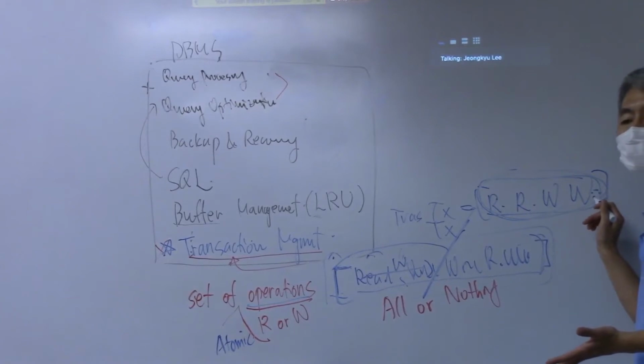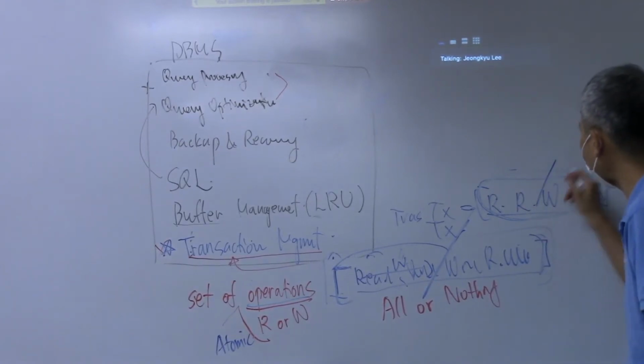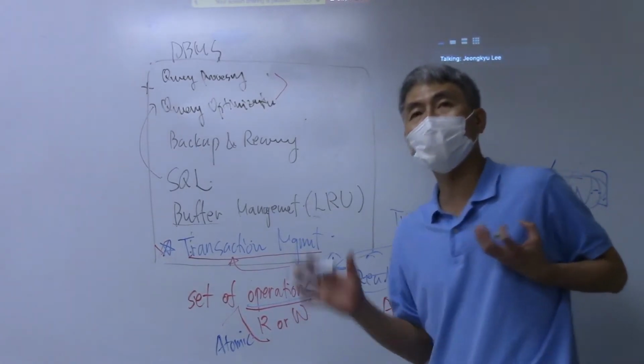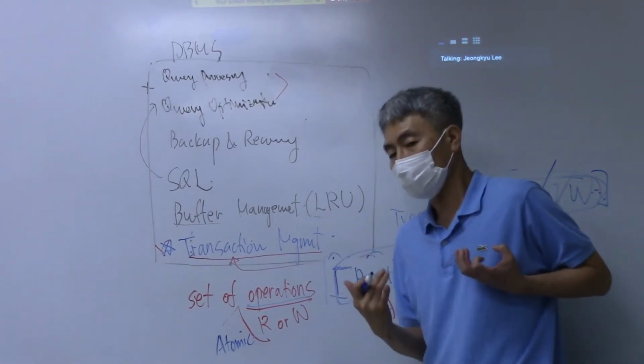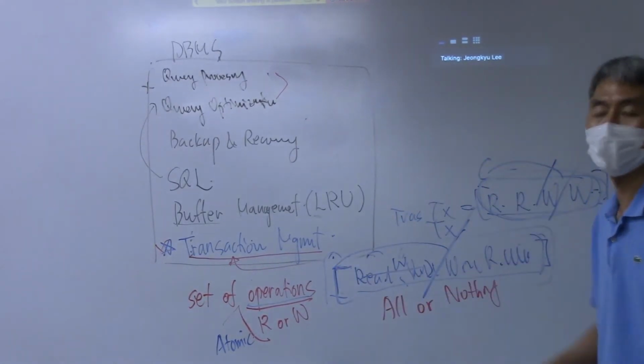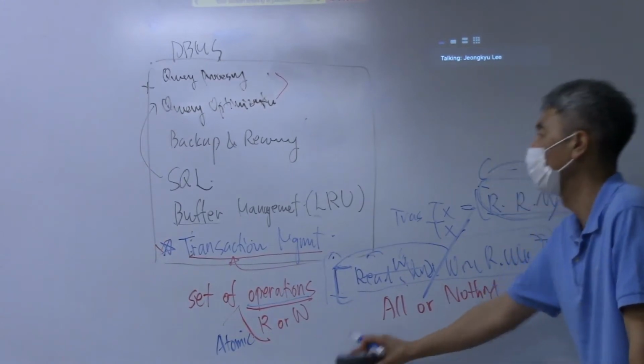If something happens in the middle, so my money was taken out but my parents didn't receive it yet, it should be revoked and go back. This is the transaction.